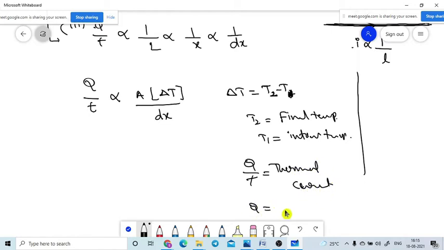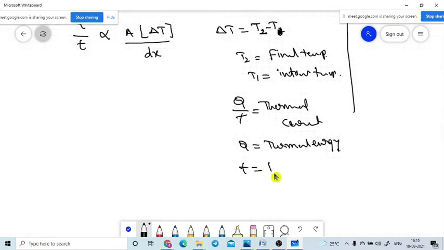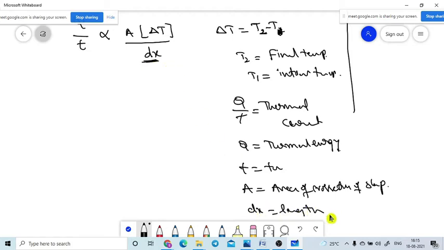Q is thermal energy, T is time, A is the area of cross section of the slab, dx is the length of the slab, and delta T is the change in temperature, the temperature difference, meaning final temperature minus initial temperature.